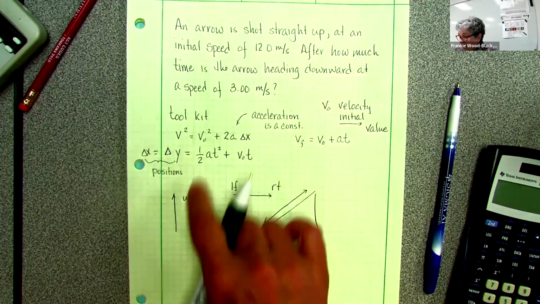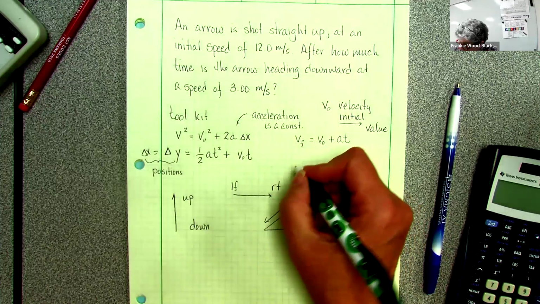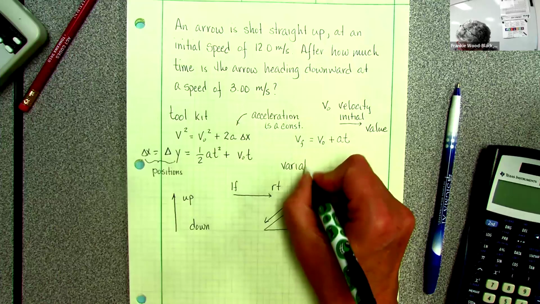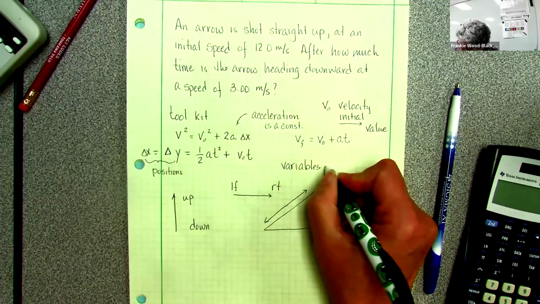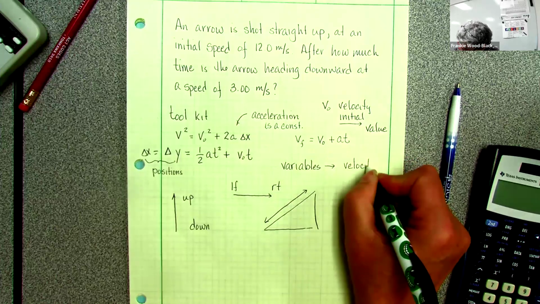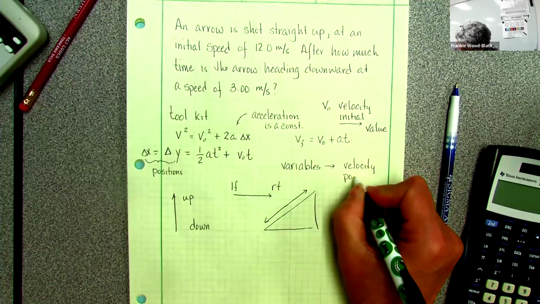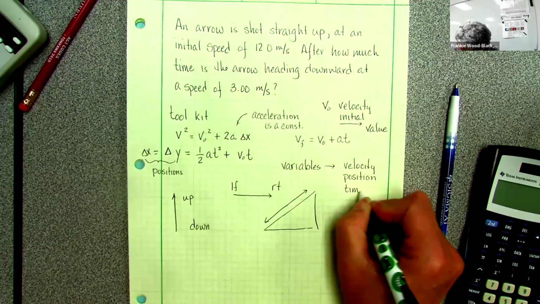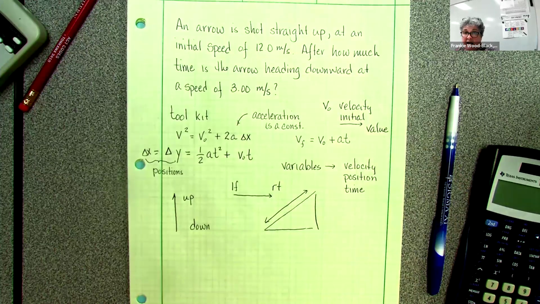So when I look at these problems, my variables are velocity, position, and time. But my initial velocity is not a variable. I'm going to be given that. My initial position probably won't be a variable.